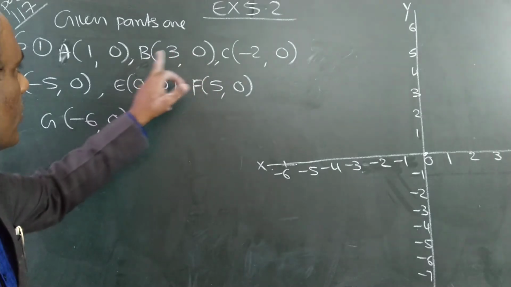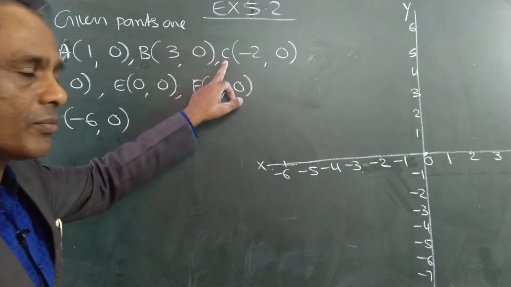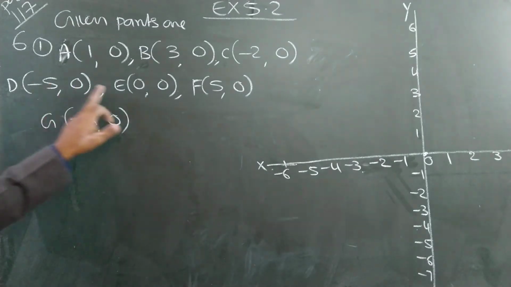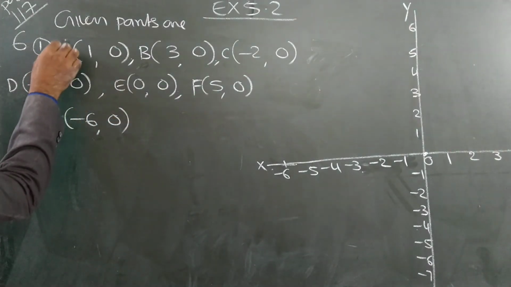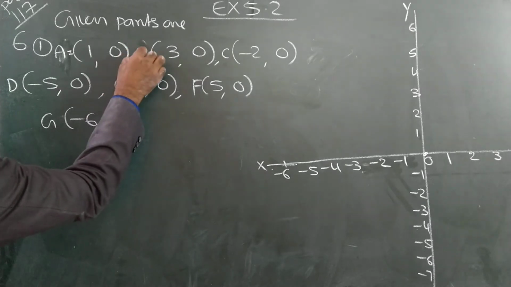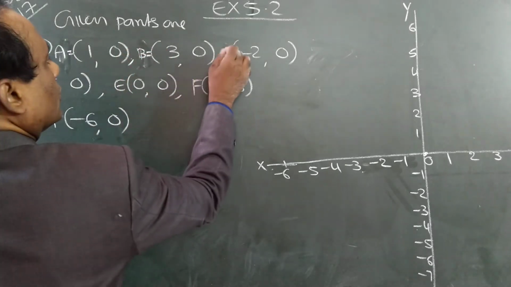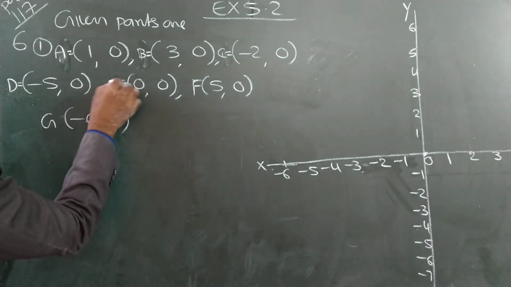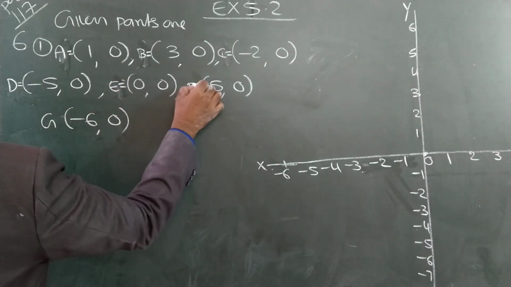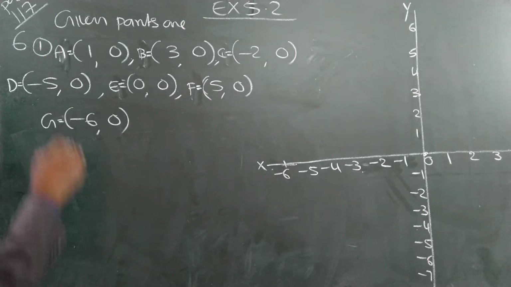The second point is 3, 0, I am taking it as B. The third point I am taking as C, then D, E, F, G.